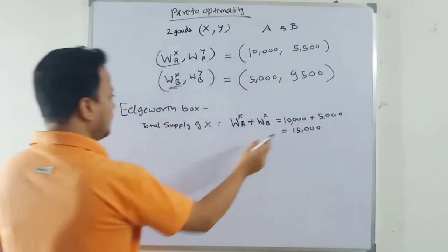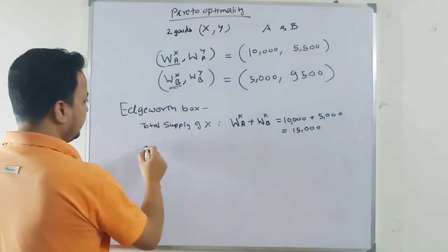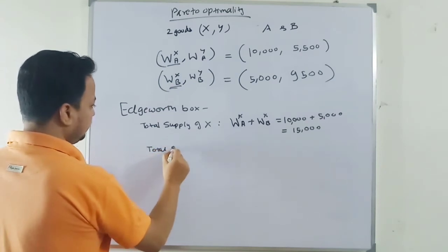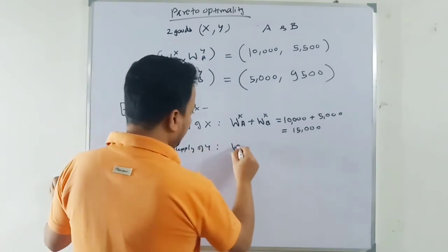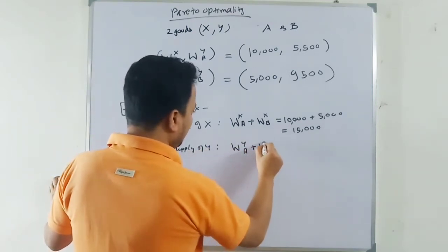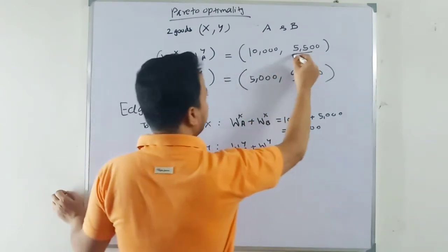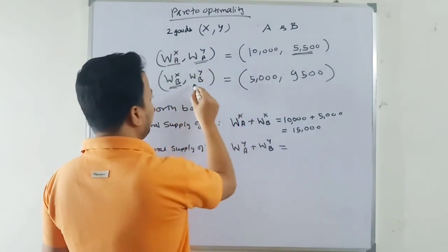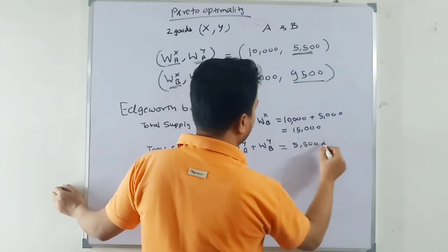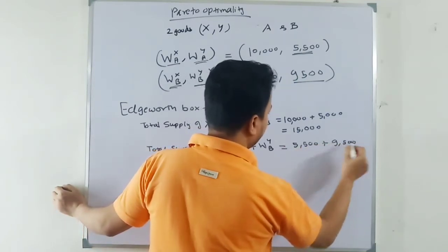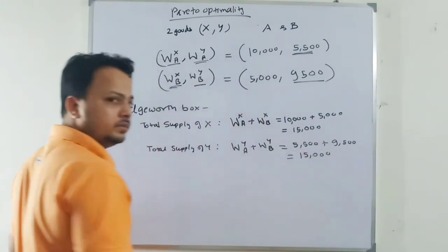So 15,000 is the total endowment, or total supply, of good X. Then the total supply of Y: the endowment of good Y with consumer A is 5,500 and with consumer B is 9,500. This is 15,000. So it will be a square.